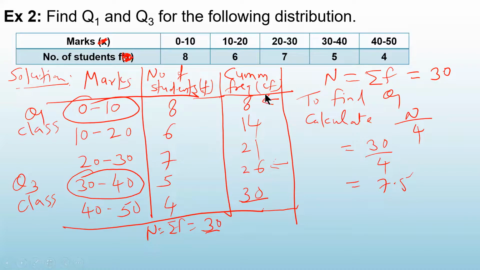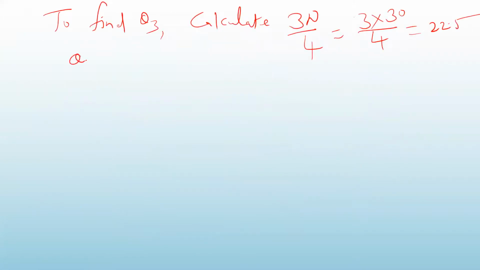Look at the cumulative frequency column where the cumulative frequency just exceeds 3n by 4. 3n by 4 is 22.5. So 22.5 पे ज्यादा इधर होता है, it is for 30. So Q3 is 30, 40. Let us write. Q3 class is 30 to 40.